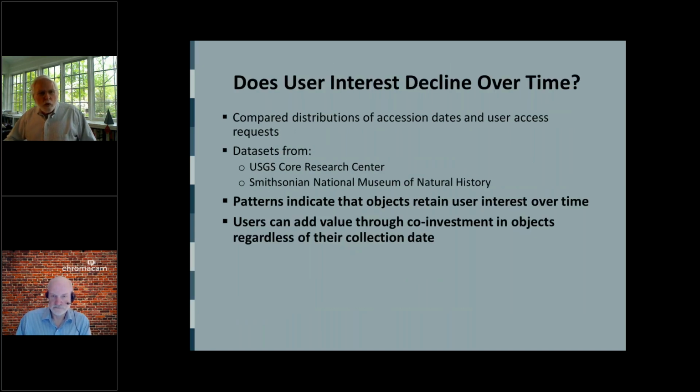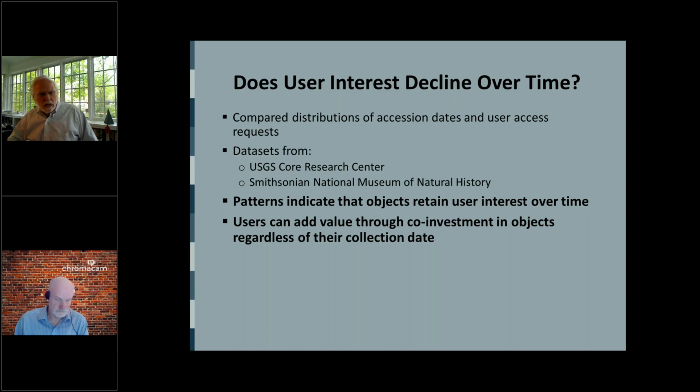But that raised the question, has anybody looked at the distribution over time of user co-investment? That is, are they only interested in the things that are added to the collection recently? And do they lose interest after a time, or do they continue to attract interest? So we gathered data sets from the Core Research Center, USGS, and all the departments at the Smithsonian's Museum of Natural History.